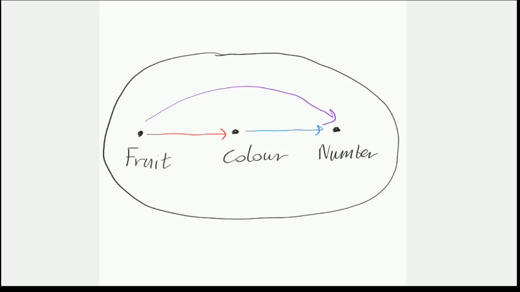And so in a similar way, we can say that composing this red arrow and this blue arrow yields this purple arrow. And so we're keeping track of how we can compose some functions to make other functions.